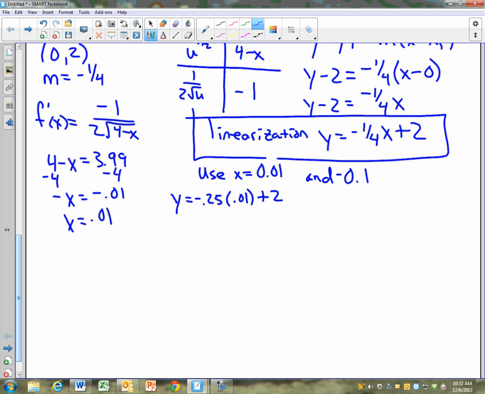If I take negative 0.25 times 0.01, that's going to move the decimal point 2 places. So I have negative 0.0025 plus 2. Right?